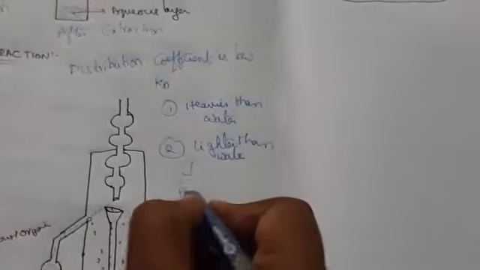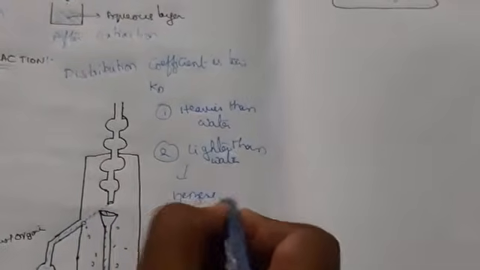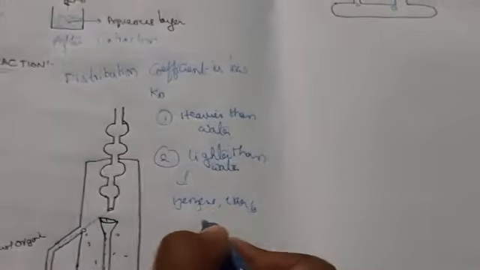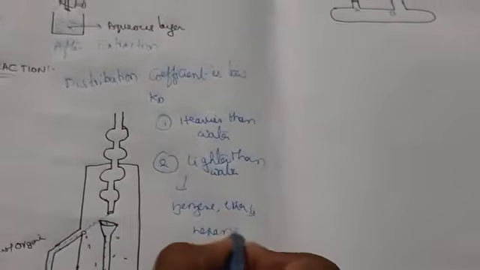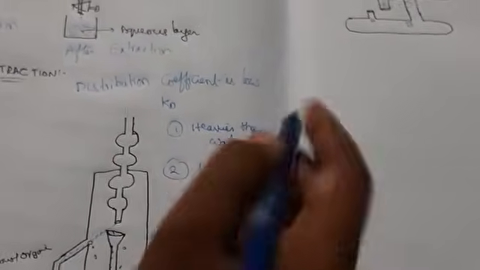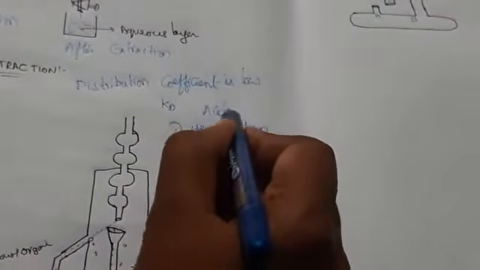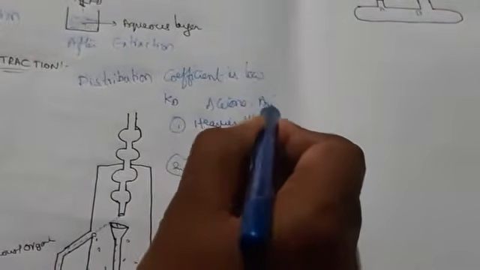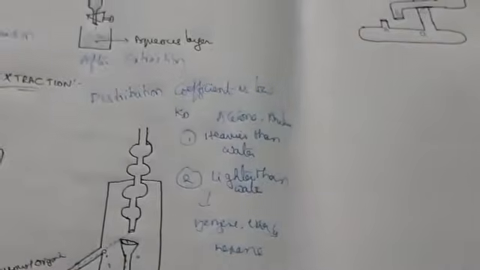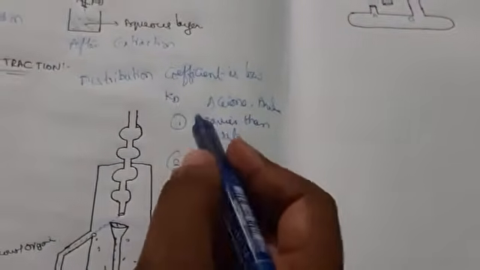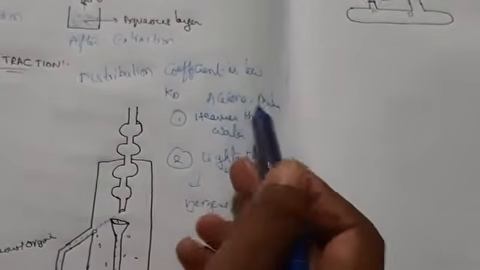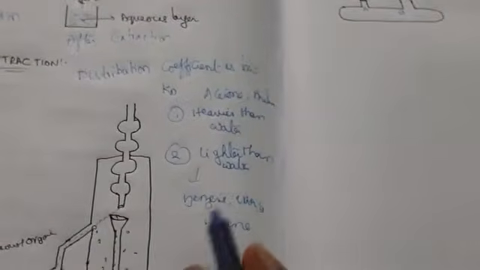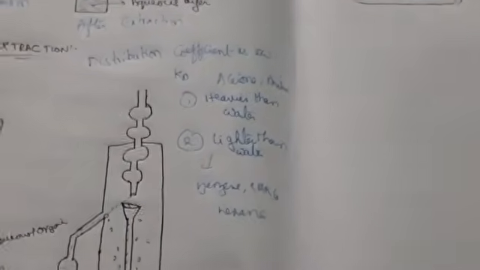Here we are going to take benzene, ether and hexane. Coming to heavier, here acetone, aniline. So these are the heavier molecules. The heavier molecules consist of phenol, acetone, aniline, organic compounds. Lighter compounds are nothing but benzene, ether and hexane.